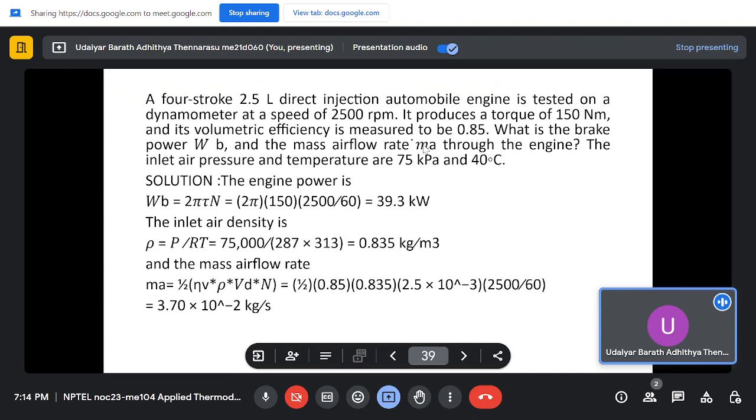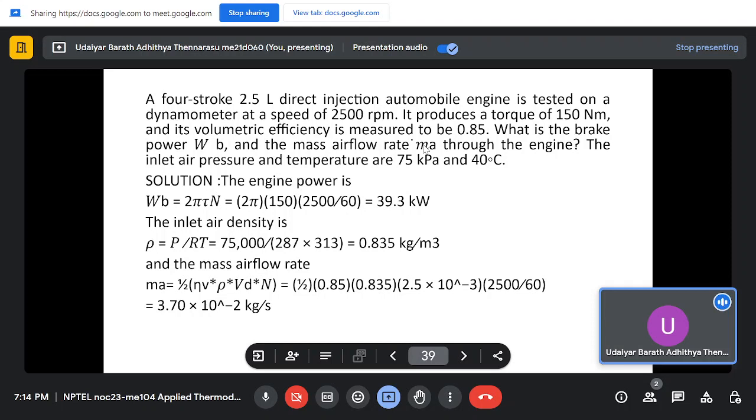So the next question is, we have a 4-stroke 2.5 liter direct injection automobile engine. So it's again a 4-stroke engine with a 2.5 liter capacity, so we know the displacement volume of the engine. It's tested on a dynamometer at a speed of 2500 rpm, so speed of the engine is also known.